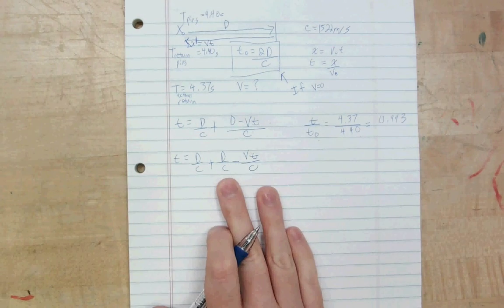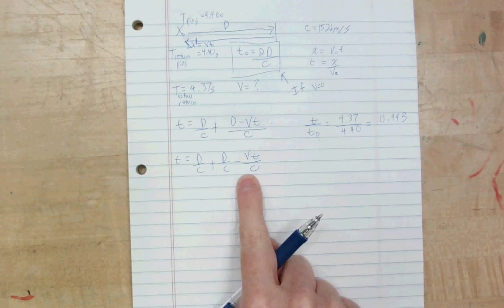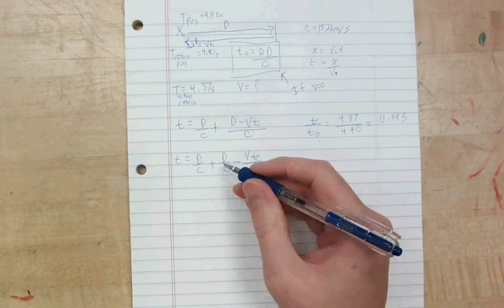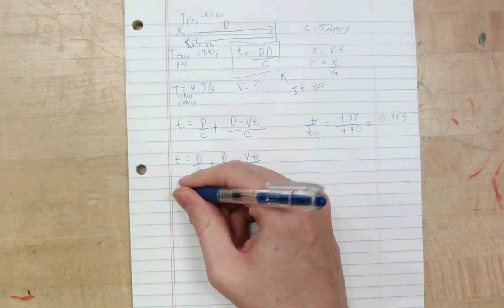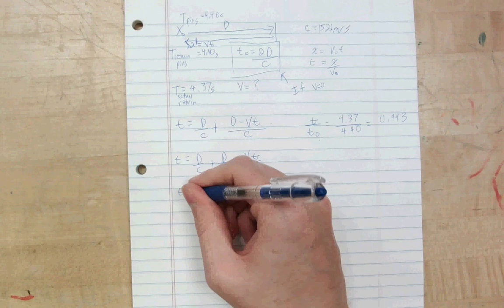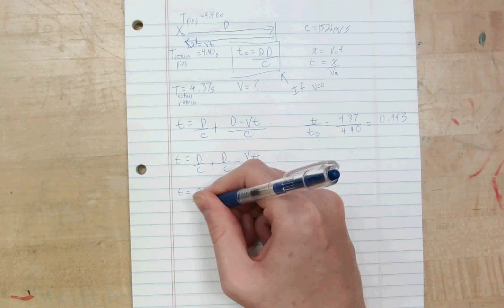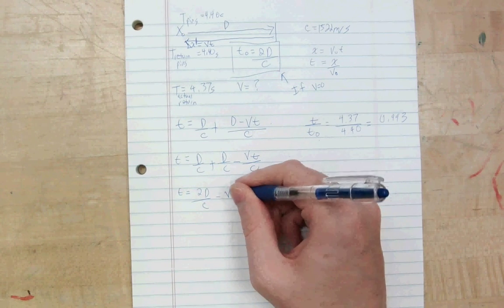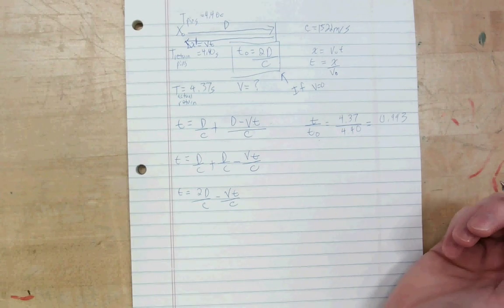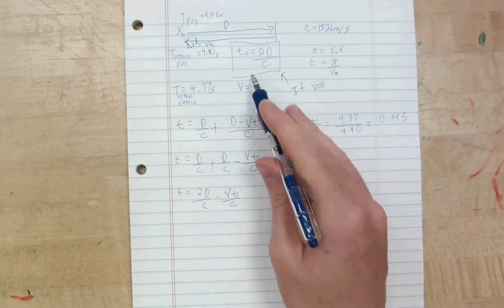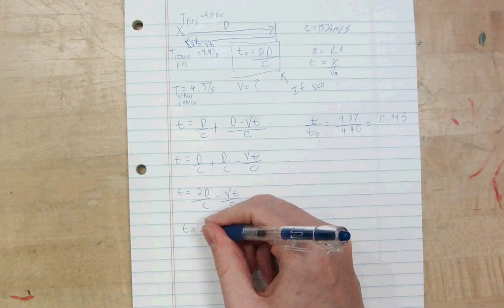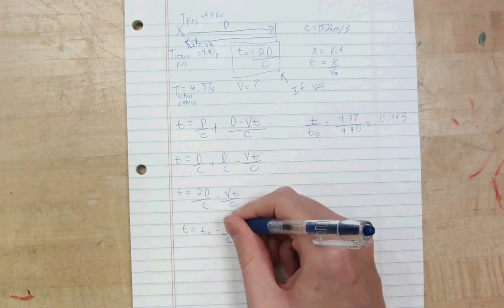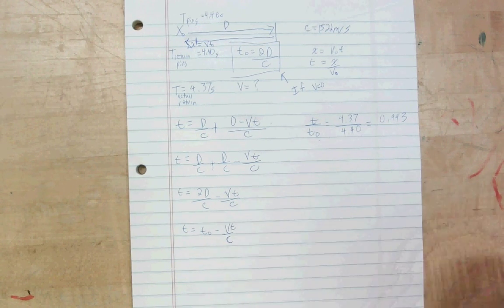Because think about if I just wanted to simplify this, common denominators mean that I can just subtract the tops, or the numerators. So that means this is 2d over c minus vt over c. Well, that 2d over c is just t naught. So t equals t naught minus vt over c.